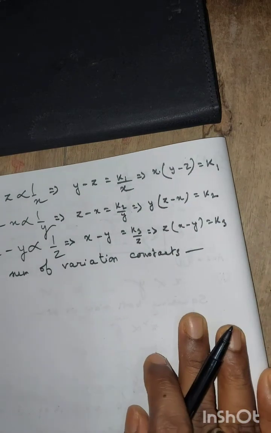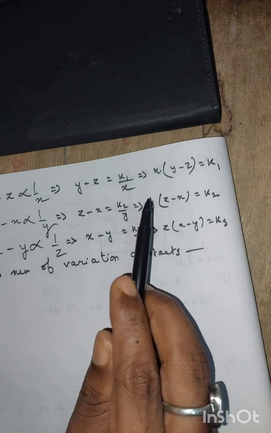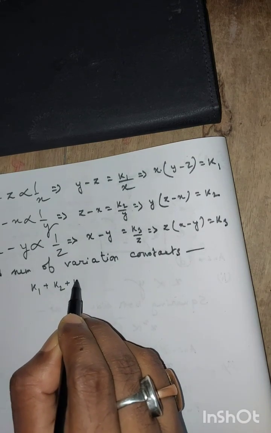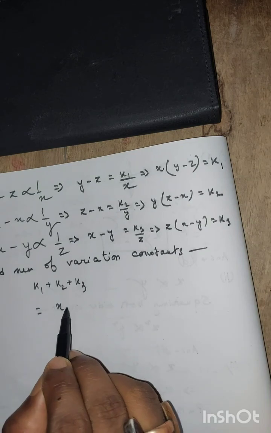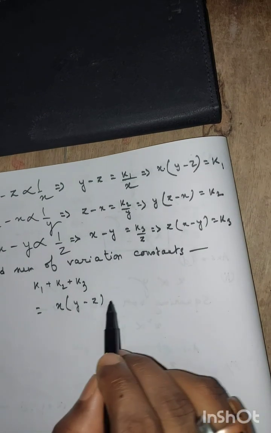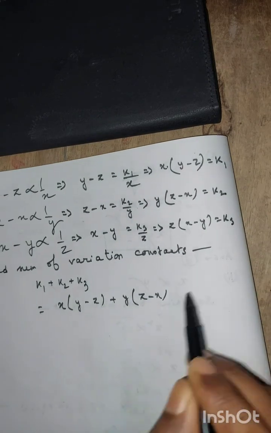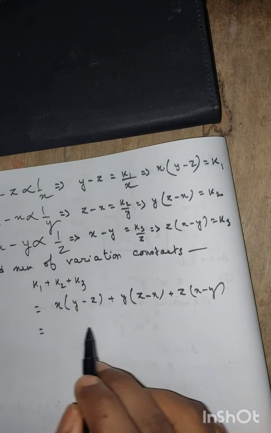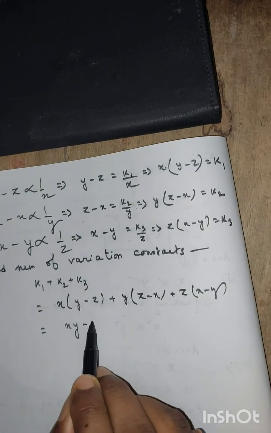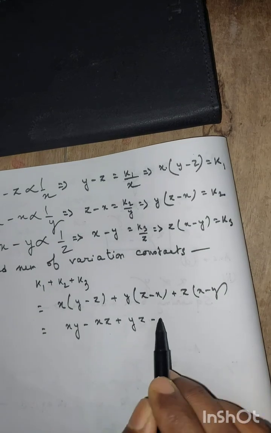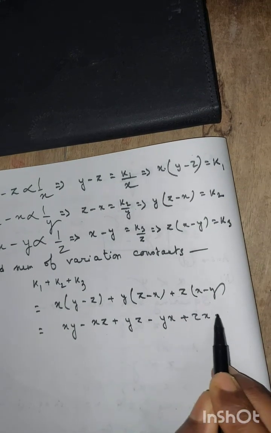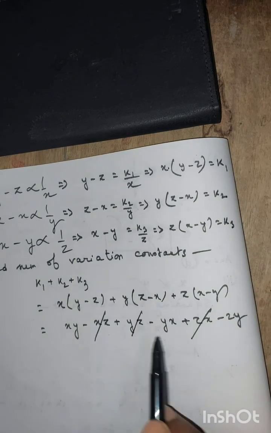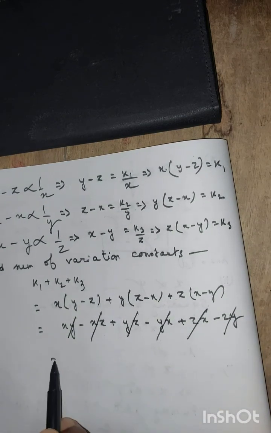so if we add these three equations, that means k1 plus k2 plus k3, it becomes x into y minus z, and if we open this bracket, and if we cancel, it becomes 0.